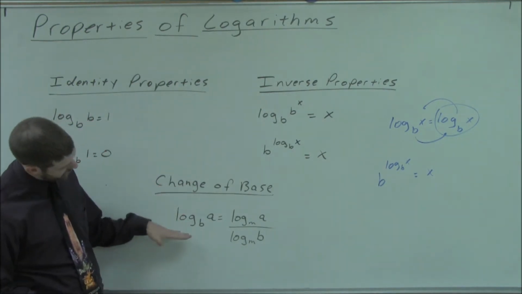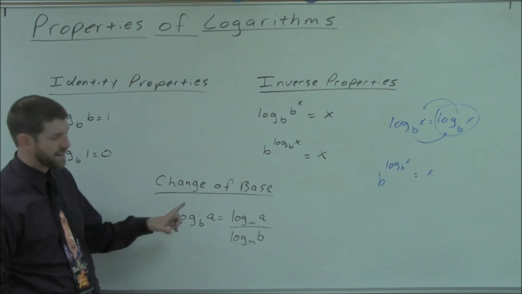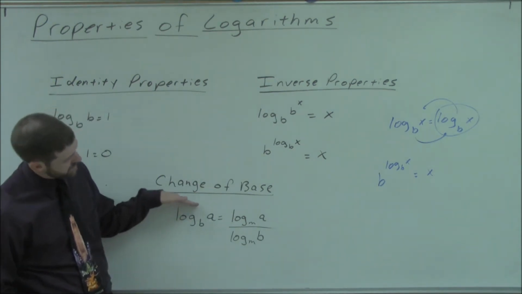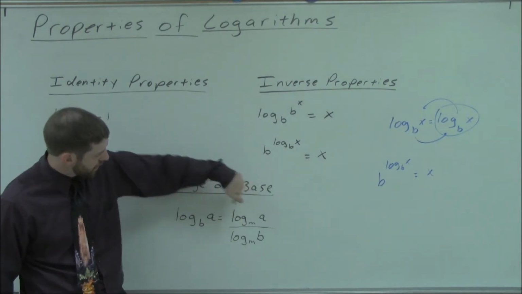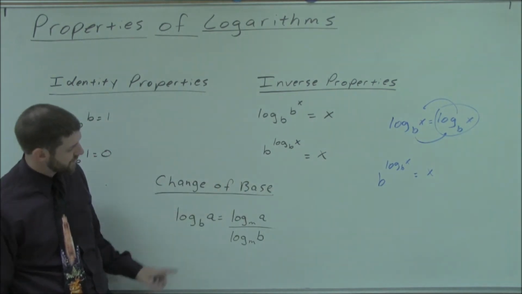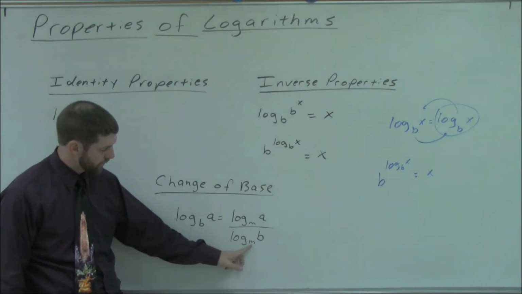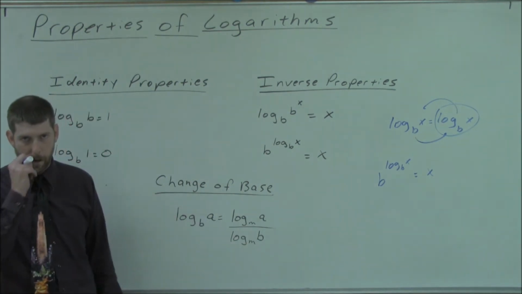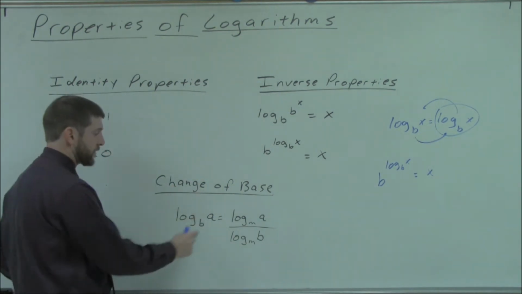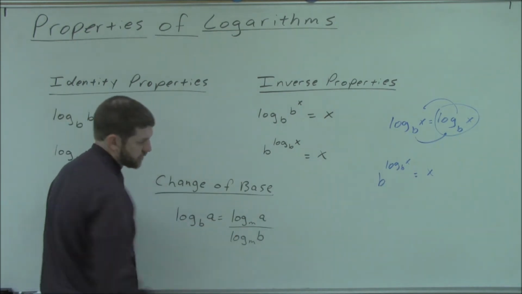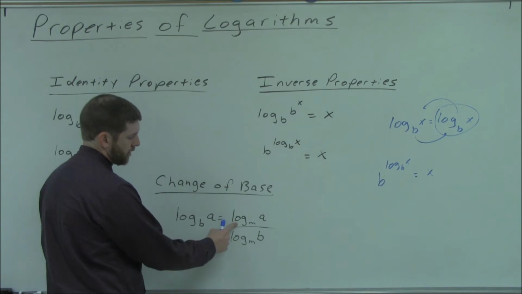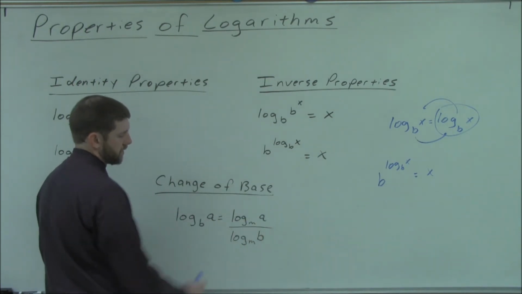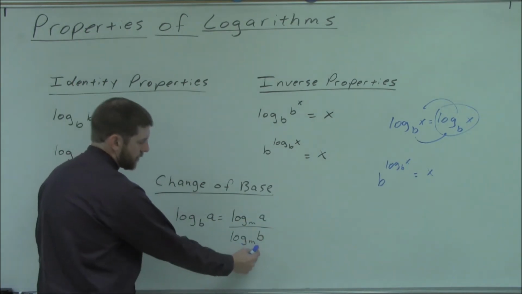If I have a base I don't like, I can change it by setting it up as log with my new base of my log value, divided by log with my new base of the old base. So this base is no longer a base, it's now a log value. So log base b of a is log base the new base of a, divided by log base the new base of b.